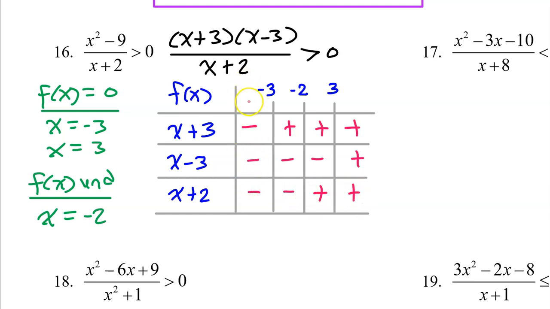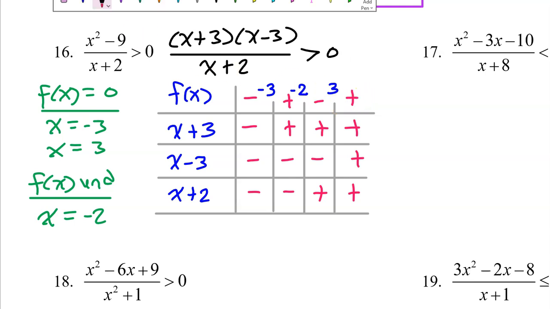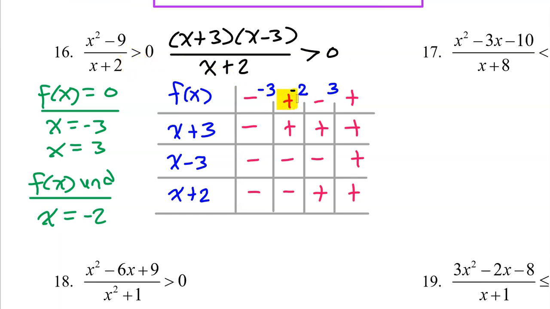F of x will be negative in the first interval because of the odd number of negatives, positive in the second interval because of the even number of negatives, negative in the third interval, and positive in the fourth interval. We are looking for where f of x is greater than 0. That's going to be where f of x is positive. Should we include any of these endpoints?